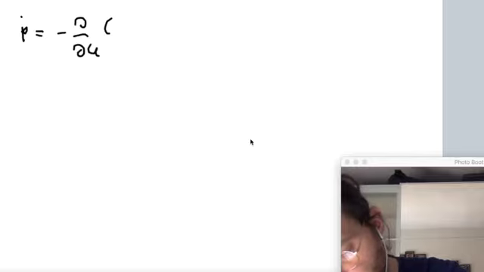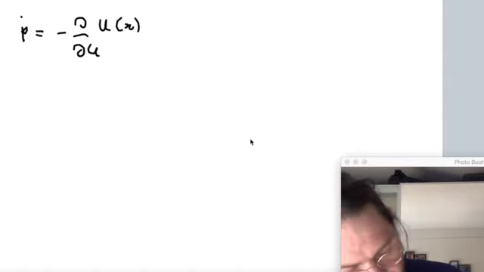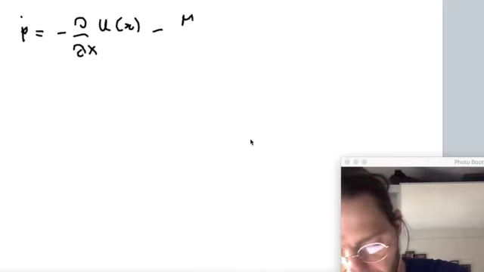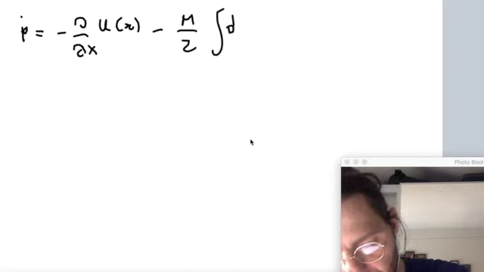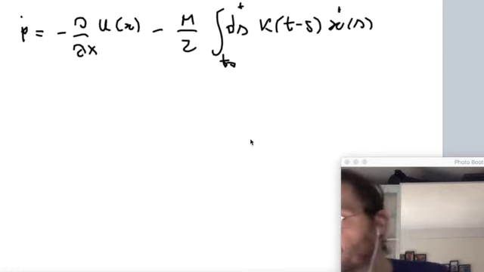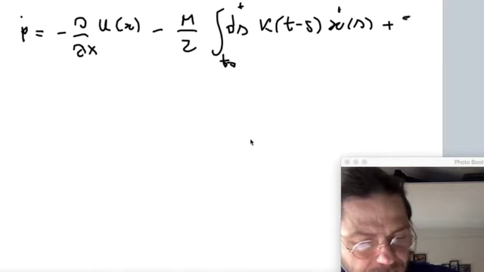This is the Newton's part of the equations of motion. This is actually supposed to be x in my terrible handwriting. And then I have a term which I'm going to rewrite for convenience in the following form. Here I have an integral, I have my x dot at time s, plus some term psi of t.